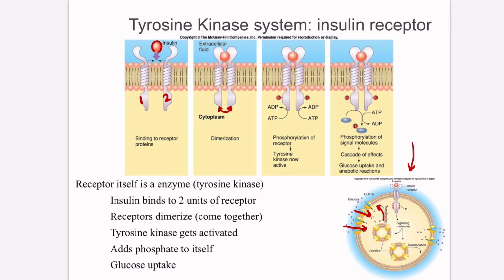It adds a phosphate group to itself, and this is what allows for the cascade of effect and for glucose to come into these cells.